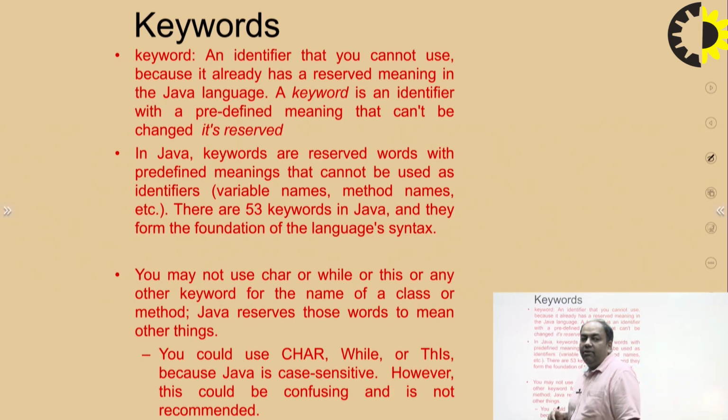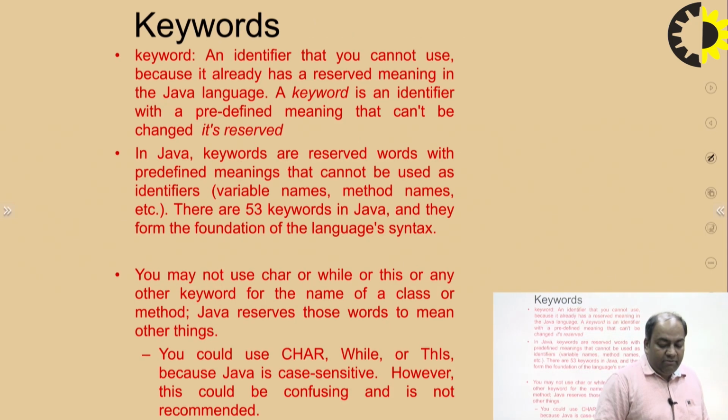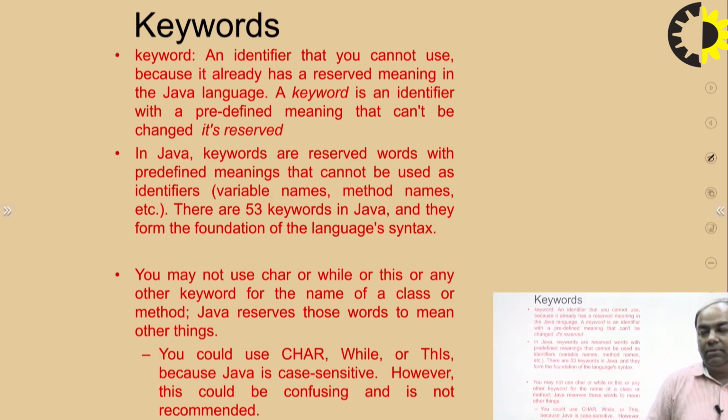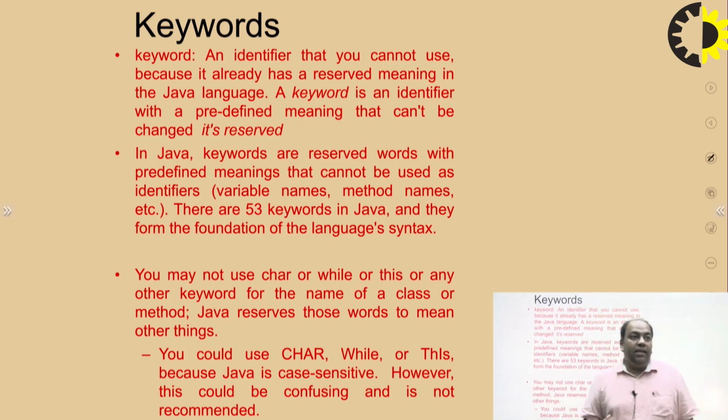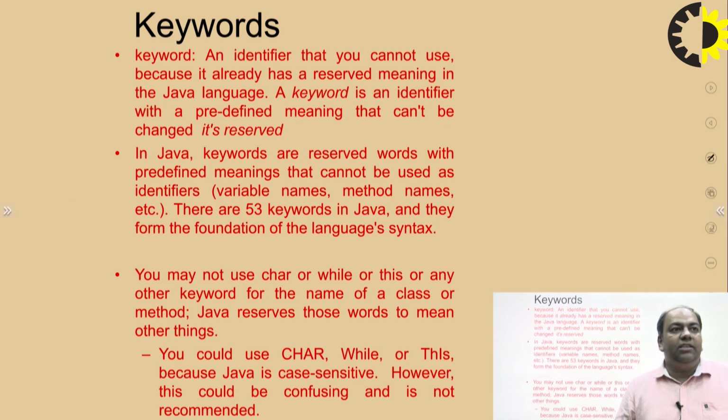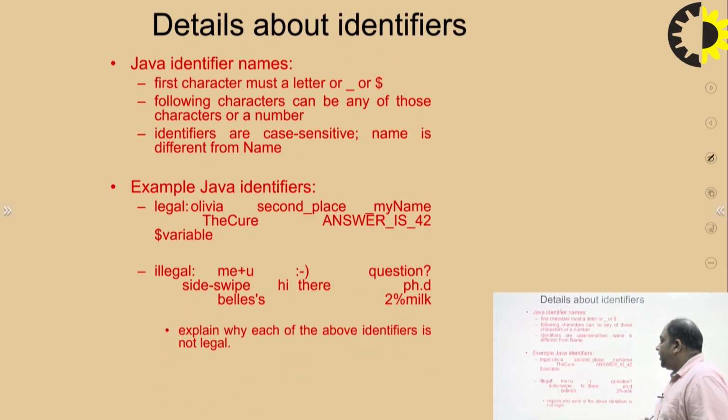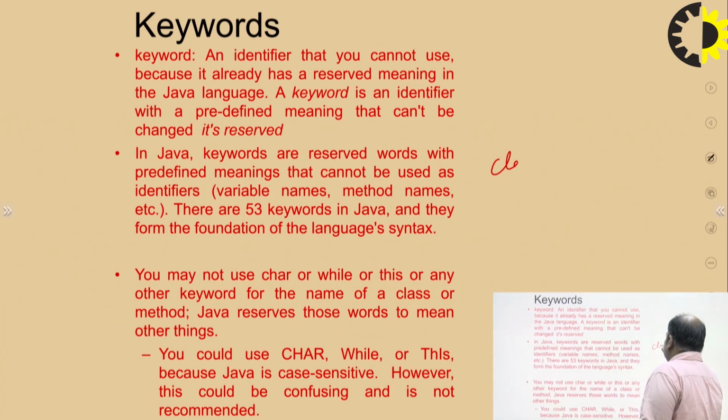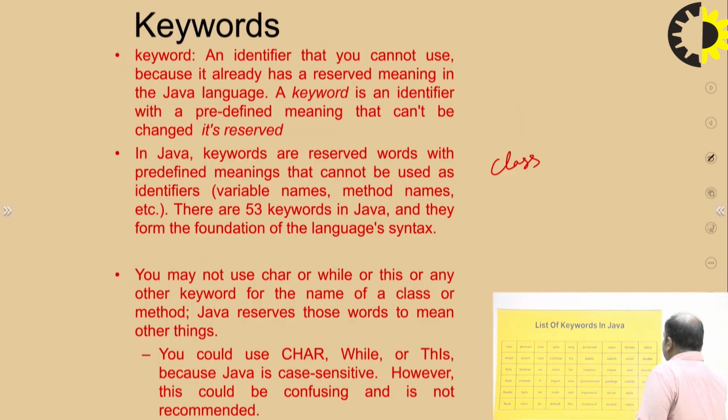Next, what is the keyword? Basically, keywords are those special identifiers which cannot be used in a programming as your own definition. Keywords have their own definition which cannot be manipulated or changed, and these keywords are reserved. These keywords cannot be used as the identifiers. We cannot give class name, like class long.